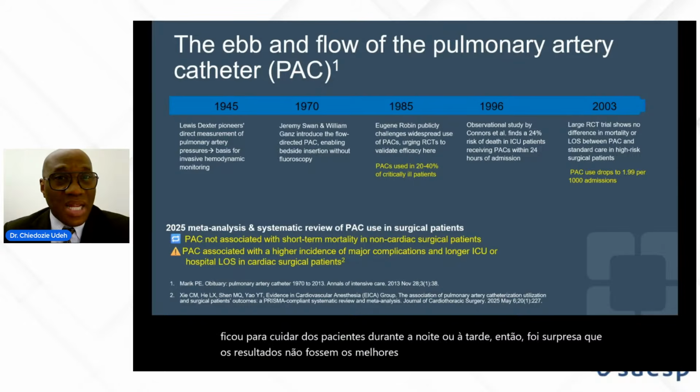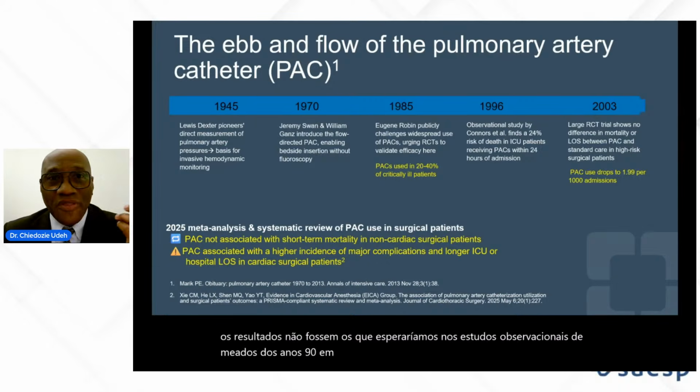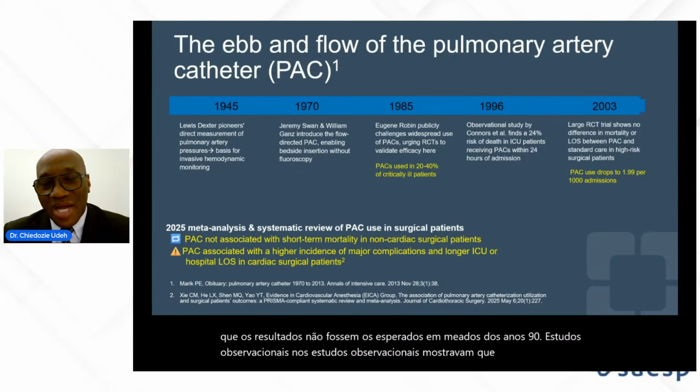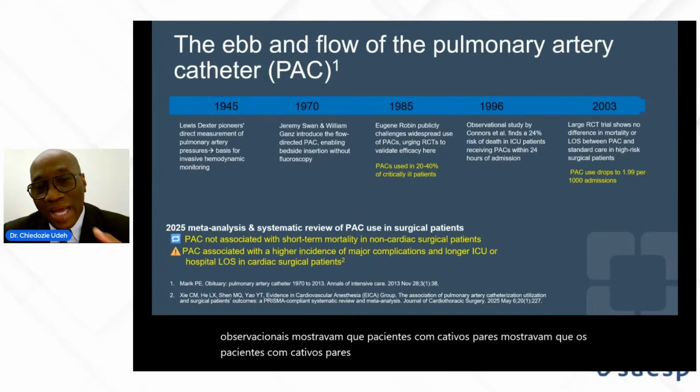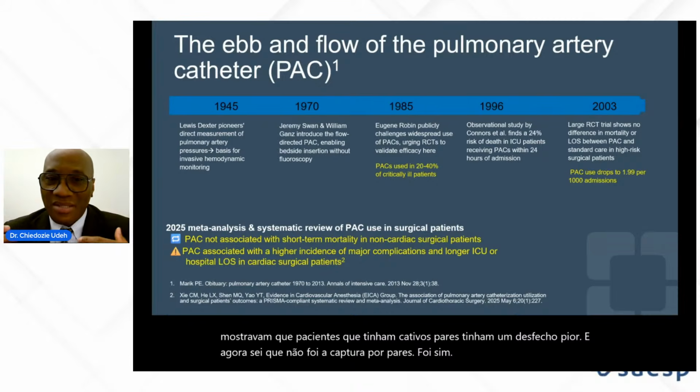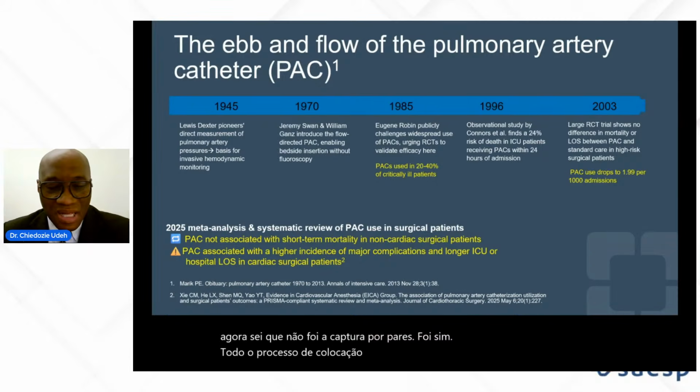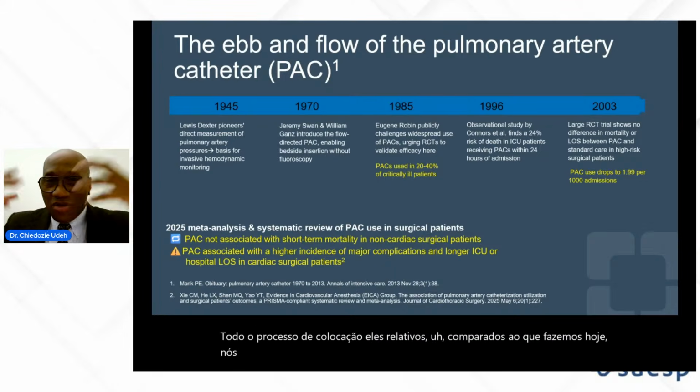By the mid-90s, observational study after observational study was showing that patients who had PA catheters had a worse outcome. And I know now that it wasn't the PA catheter, it was the whole process of placing it. Compared to what we do today, you had a tiny drape, not a full body drape.